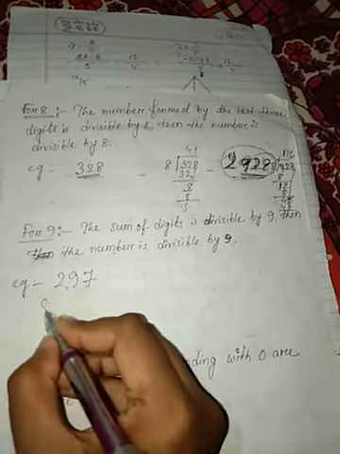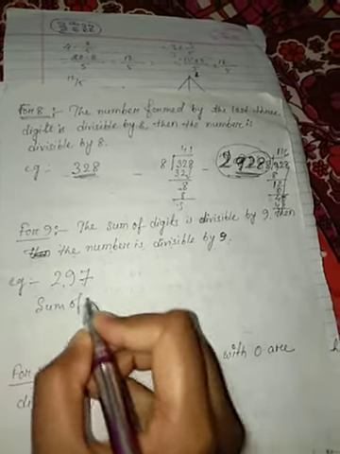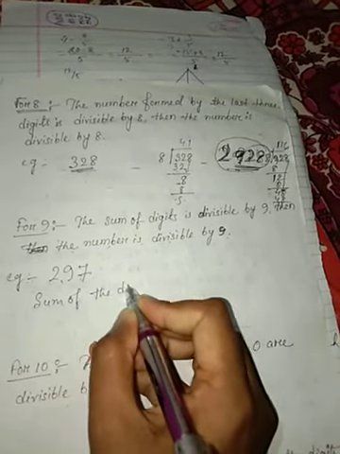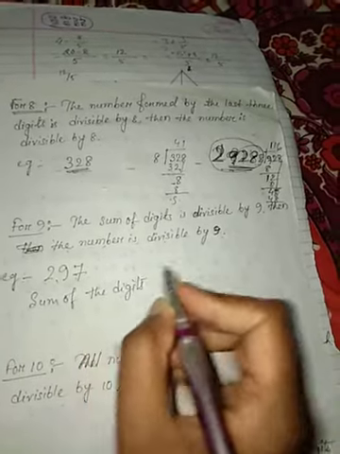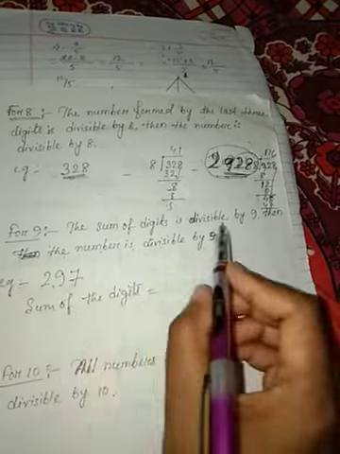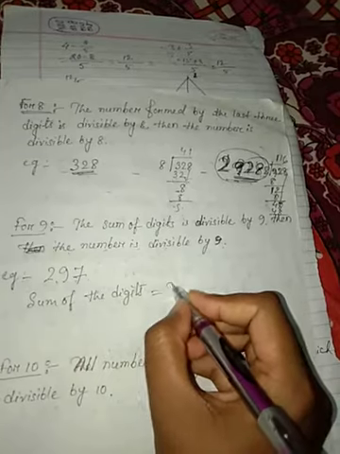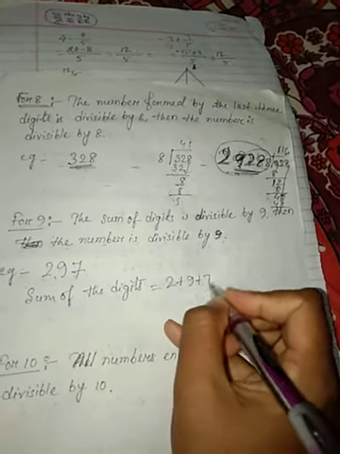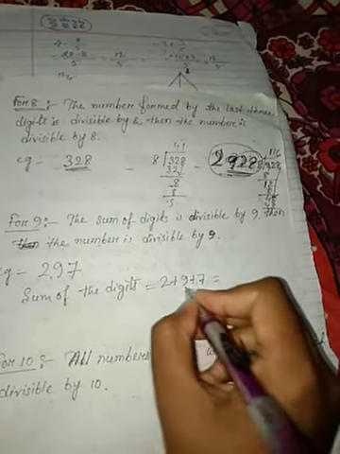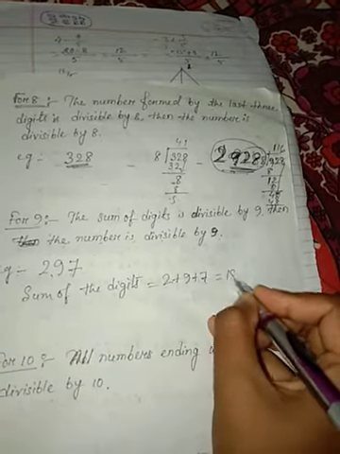See here, first we find the sum of the digits. This rule is the same as the rule for 3. So 2 plus 9 plus 7. 2 plus 9 is 11. 11 plus 7 is 18.